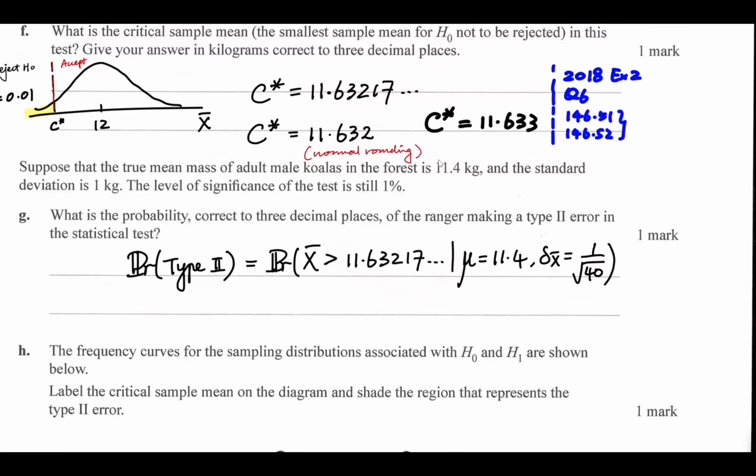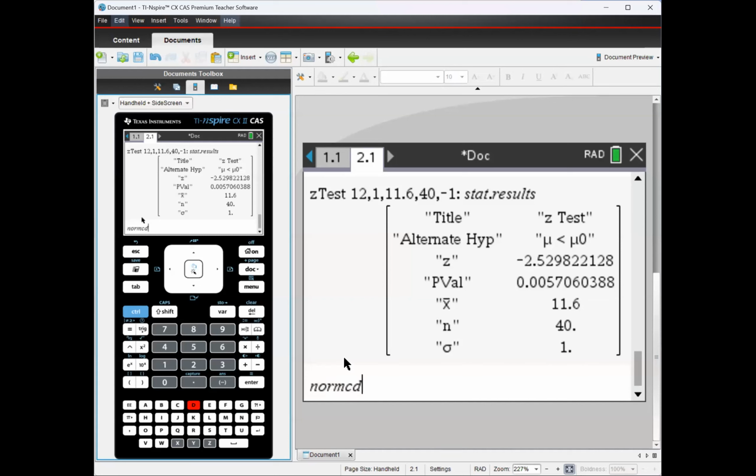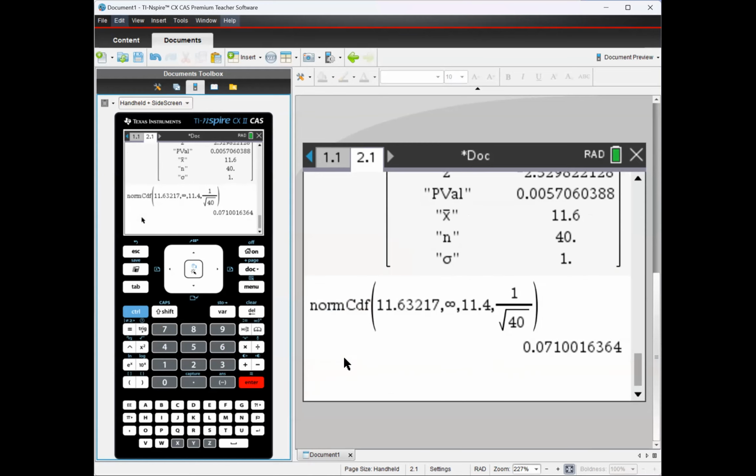If you use the rounded value, there could be some wiggle room or consequential allowance here, but just in case, I use all digits for better accuracy. Norm CDF, 11.63217, infinity, 11.4, 1 out of square root of 40.